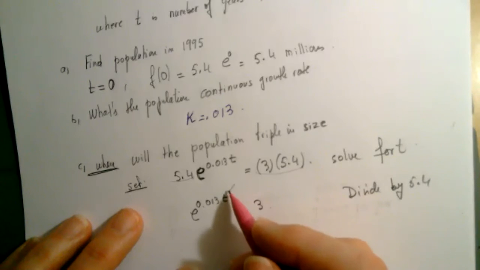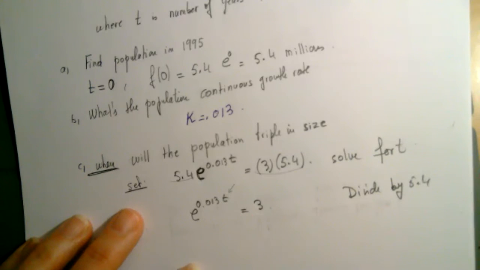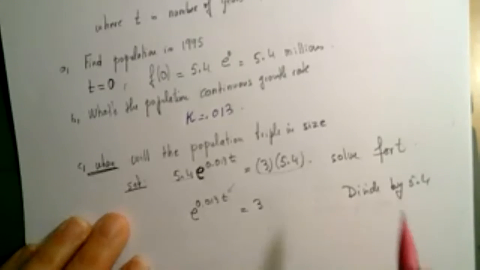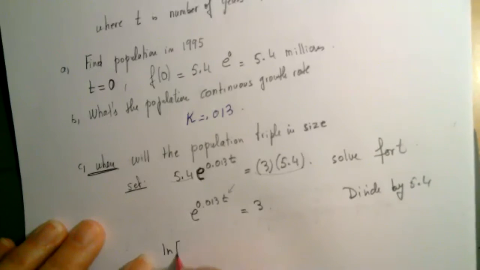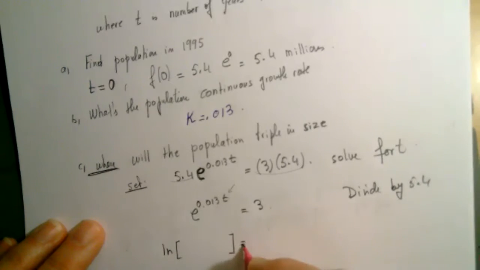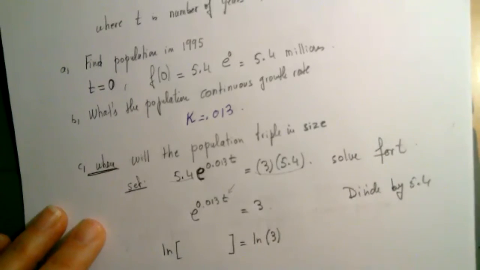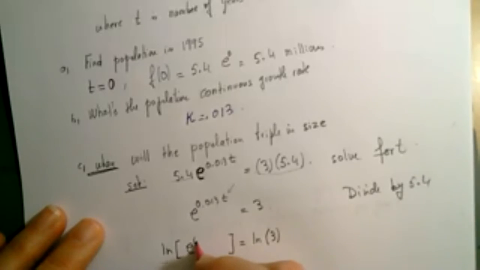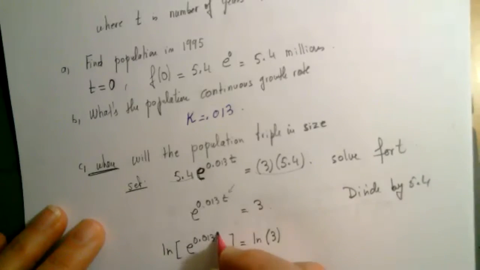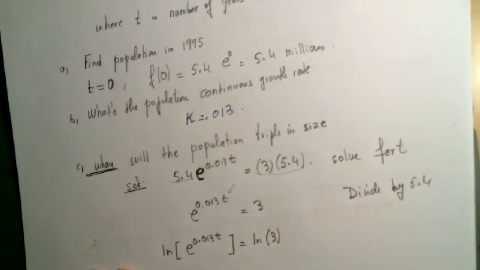My t is an exponent, so I have to use the natural log because the unknown is an exponent. So I set the natural log of the first equal to the natural log of the second term. So that's e to the 0.013t is equal to that.